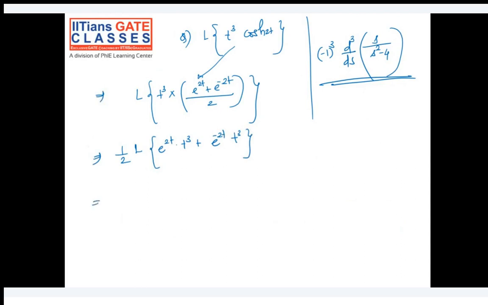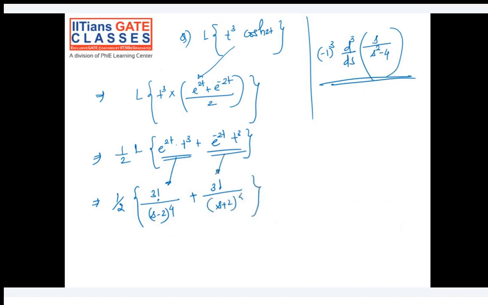Now you can proceed with the shifting property. Laplace transform of t cube is 3 factorial divided by s raised to the power 4, but you will replace s with s minus 2. And in the next part, it is again 3 factorial divided by s raised to the power 4, but now you'll replace s with s plus 2. I hope you are following it.